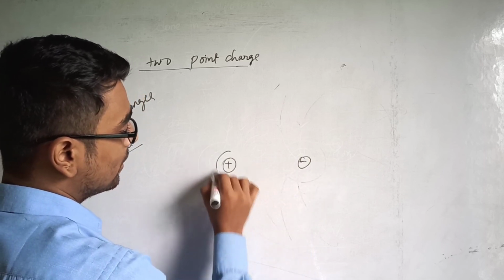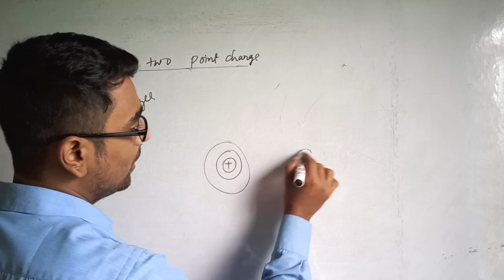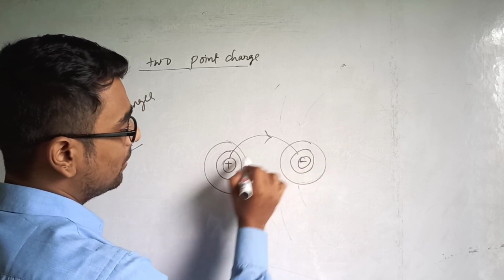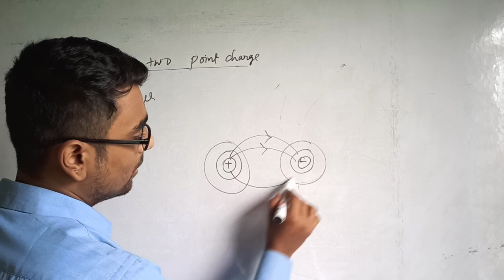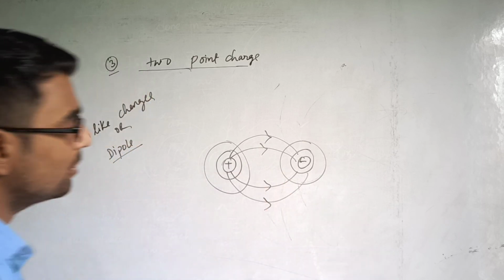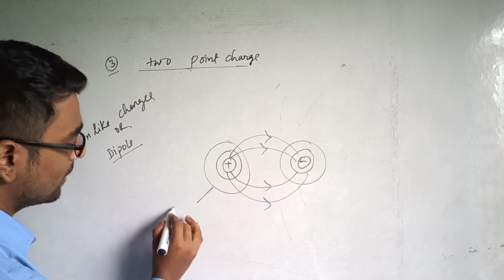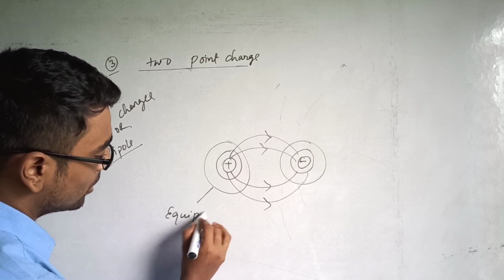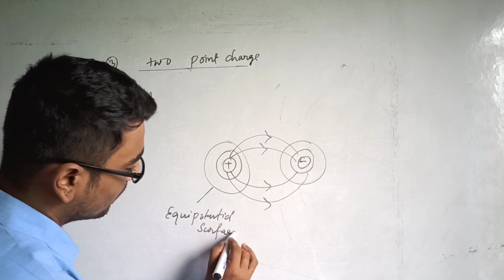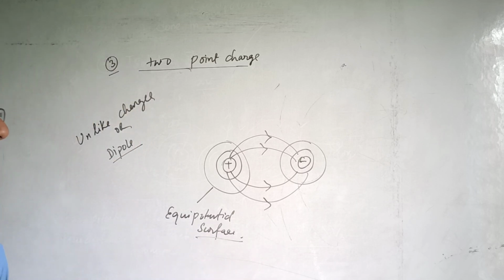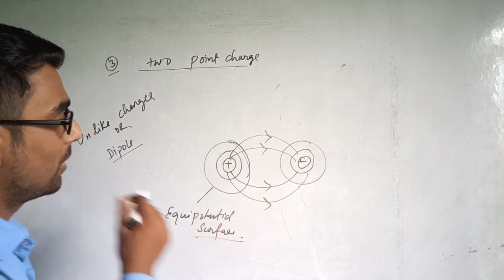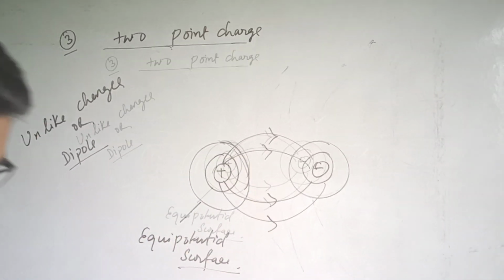In that case the electric field will be like this in that direction, and these are the equipotential surfaces. The equipotential surfaces will be completely spherical in shape in case of a dipole.